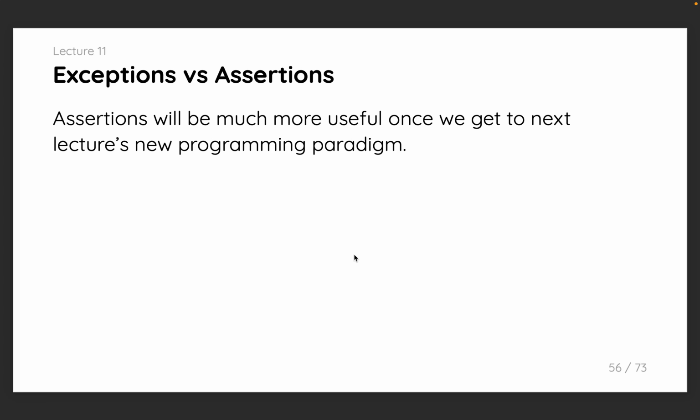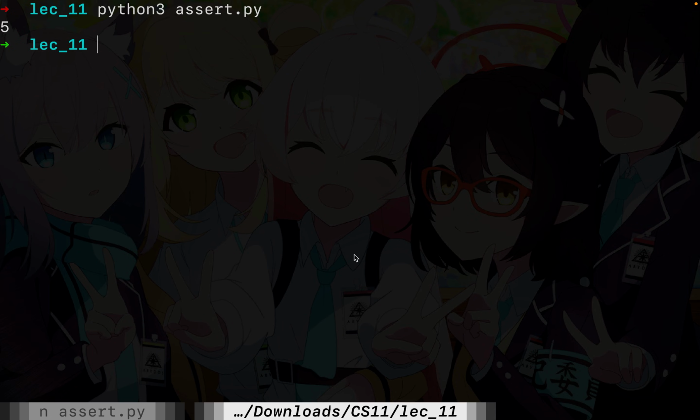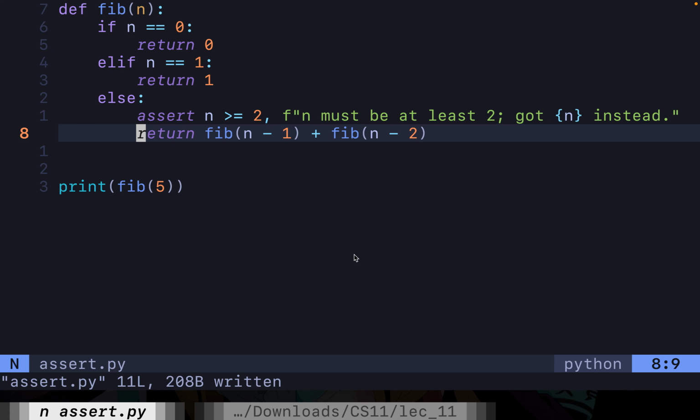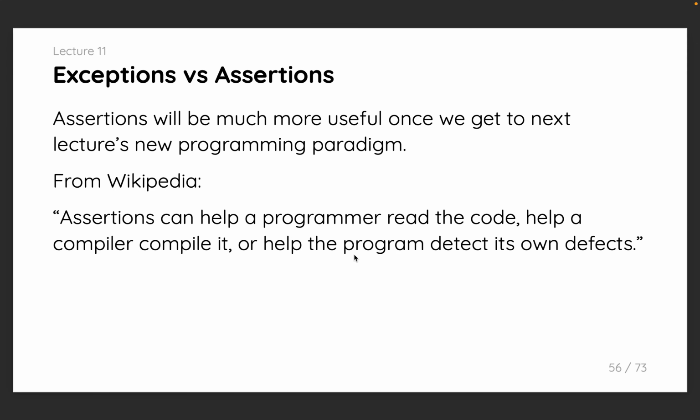Okay, so assertions, you can see that they're already useful now. They're going to be much more useful actually after the first hope, once we get into the second part of CS11. So yeah.